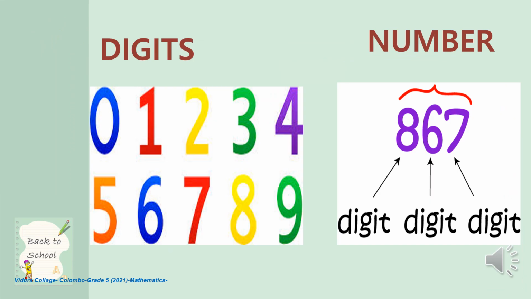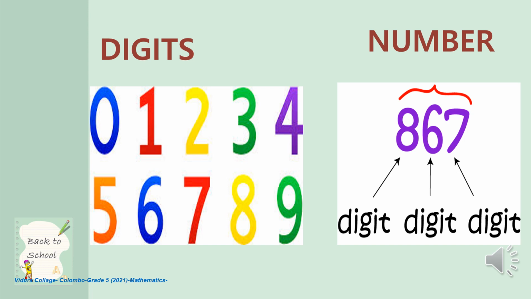Digits and numbers. So kids, have you ever found any differences or similarities between these two words, digits and numbers? Yes, there is a little difference. Digit means single units. We have 10 digits: 0, 1, 2, 3, 4, 5, 6, 7, 8 and 9.